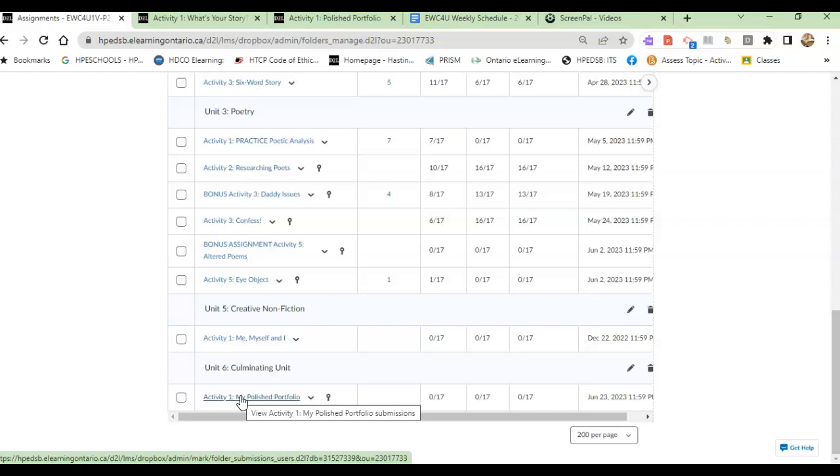So again, don't forget to go into content. I have changed the criteria as to what is expected from that assignment. It's very important that you go through and make sure you know what pieces you're putting in. It may be different than it was a week ago, so it's really important to preview that and make sure you've got all of those components.